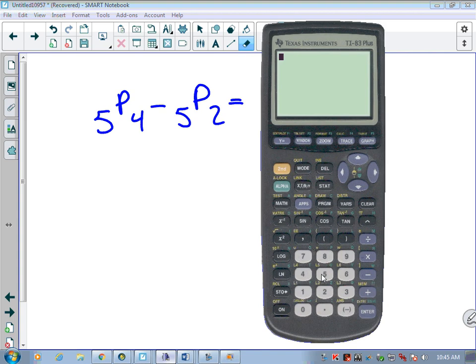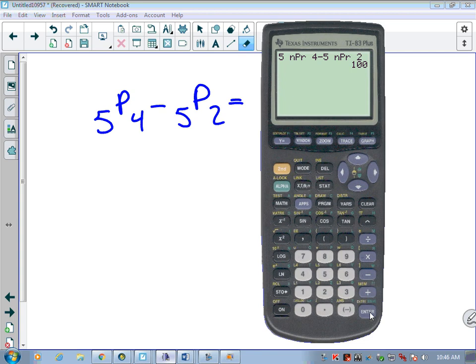But again, it's an older calculator, so on a newer calculator, it's not necessarily the same steps. So I have to go 5, math, over to probability, nPr, 4, minus 5, math, probability, nPr, 2, and then hit enter and get that 100.